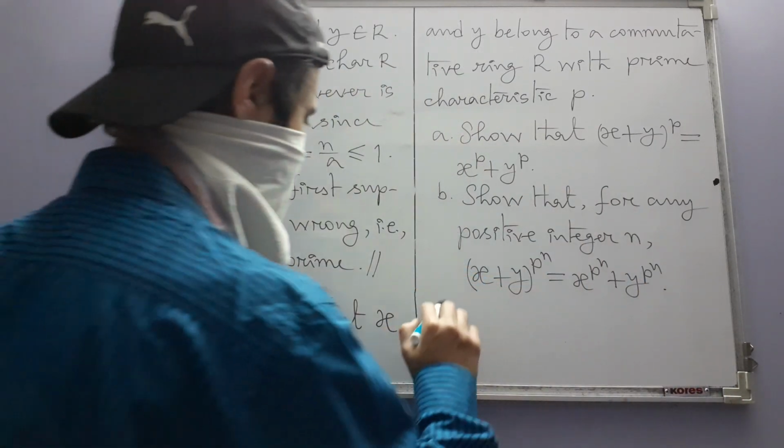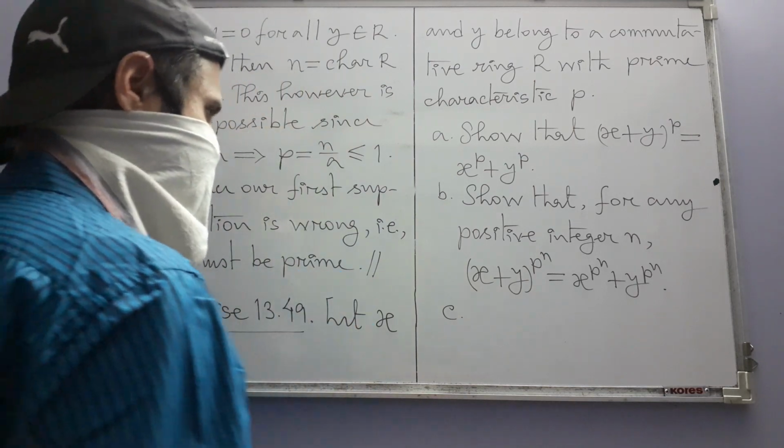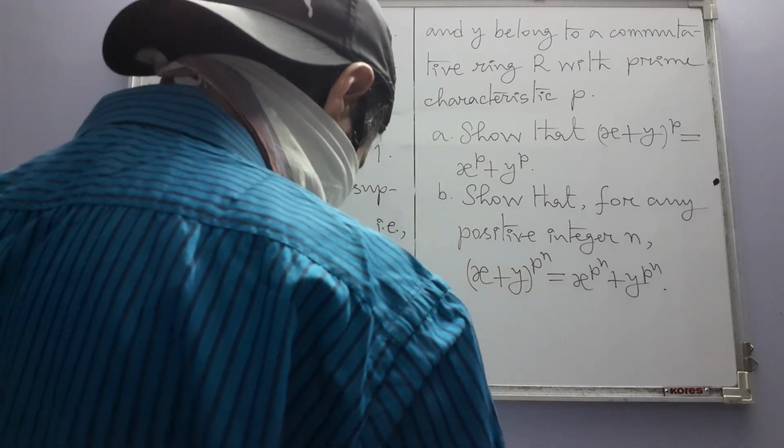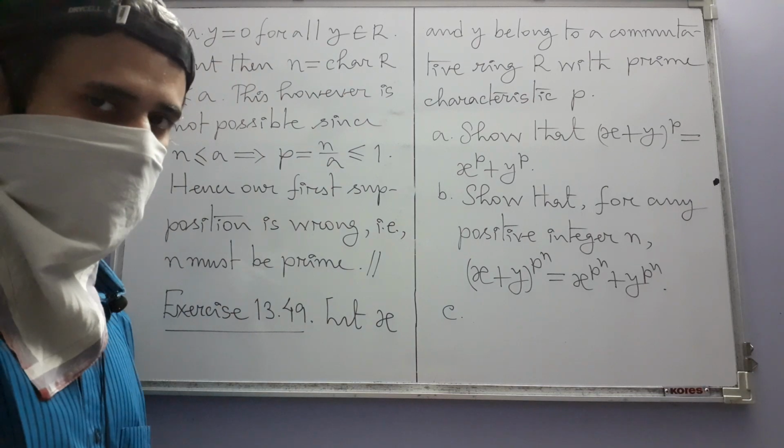And there is one more part. In part C, we have to prove that this is not necessarily the case if the characteristic is not a prime.